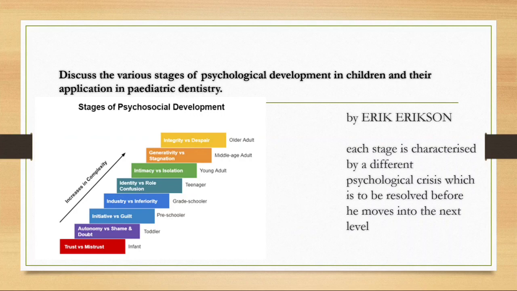So in infants it is trust versus mistrust, and in older adults it is integrity versus despair. Each stage is characterized by a different psychological crisis the person of that age group is undergoing, which is to be resolved before he moves into the next level. That is what this theory is all about, the stages of psychosocial development.